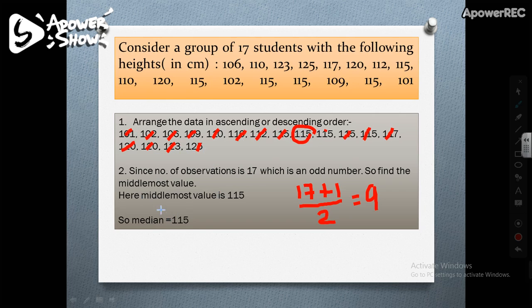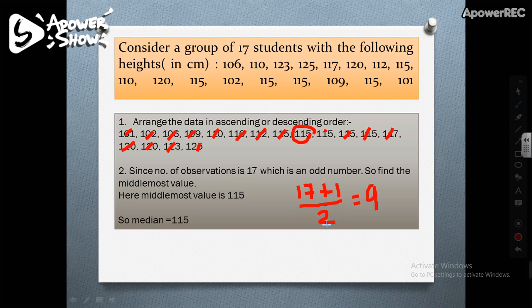So the median of this given set of data is 115. So either you can try to find out the middlemost observation like this, or you can find it using this formula. You have to just find out the total number of observations, and after getting the total number of observations, add 1 to it and divide the result by 2.